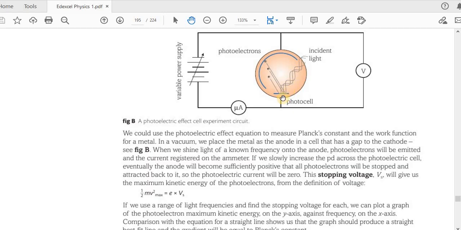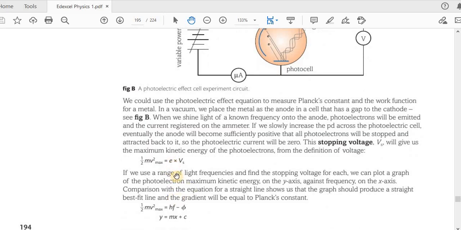To make that happen, this potential difference should be such that it equals the amount of kinetic energy given. So the maximum kinetic energy should be equal to the stopping potential, because it requires that much energy to come out. So if you are adjusting the potential difference here to prevent that happening, then you have to supply an equal amount of energy.